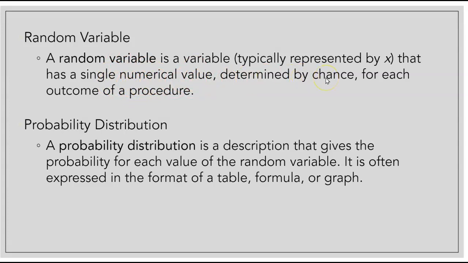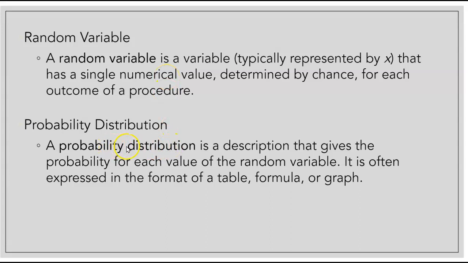That's the random part. And what you are listing out in these tables for X, which is the first column, are each of the possible outcomes when you're considering a situation. So X represents each possible outcome, and it is numeric, so it can't be red, green, blue.